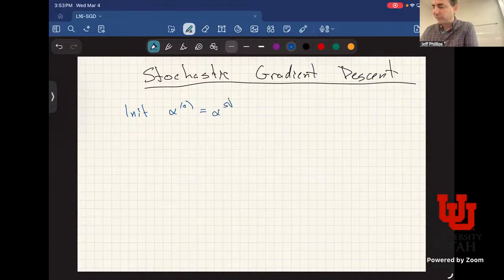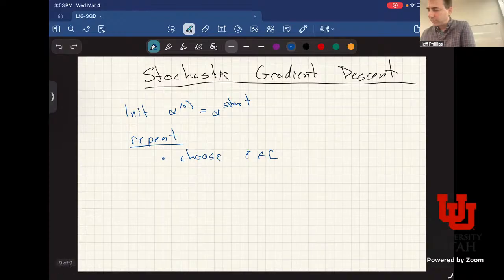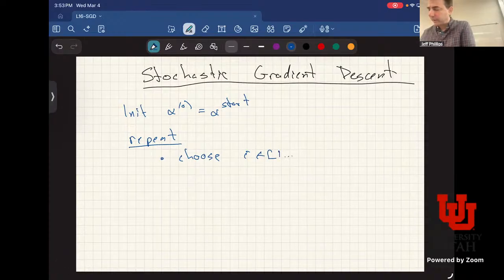So I start with some guess of my alpha parameters, then I repeat, but now I'm going to choose some i in the set of all possible elements, one dot dot dot n. So I choose one of the data points at random.